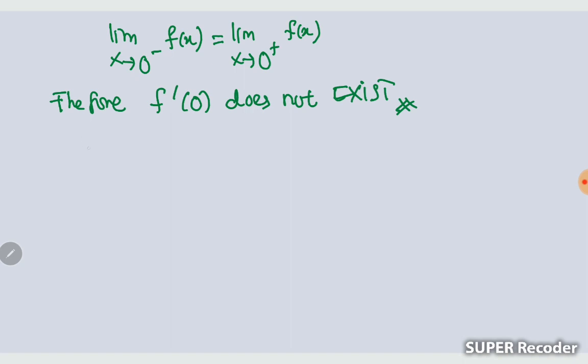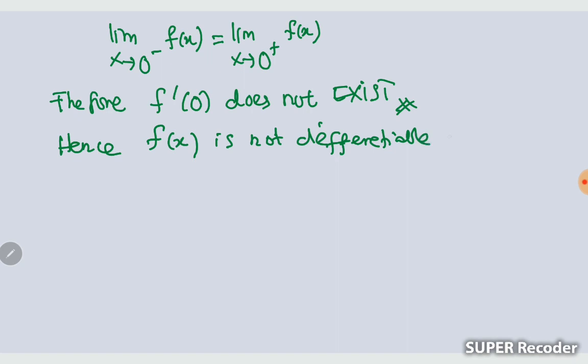So another conclusion we have to make here is whether f(x) is differentiable or not at x equals 0. f(x) is not differentiable at the point x equals 0. So this is the conclusion.